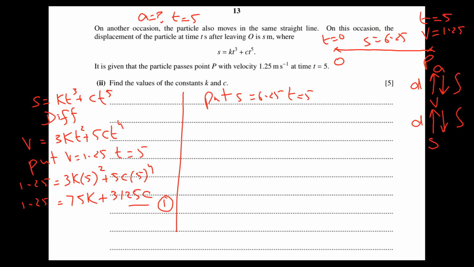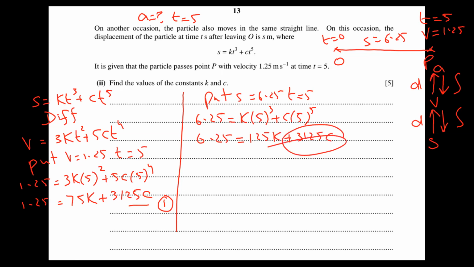So let's start. 6.25 is equal to K, as it is, 5 to power 3, and C times 5 to power 5. Okay, 6.25, and here I got 125K, and here we have plus 3125C.